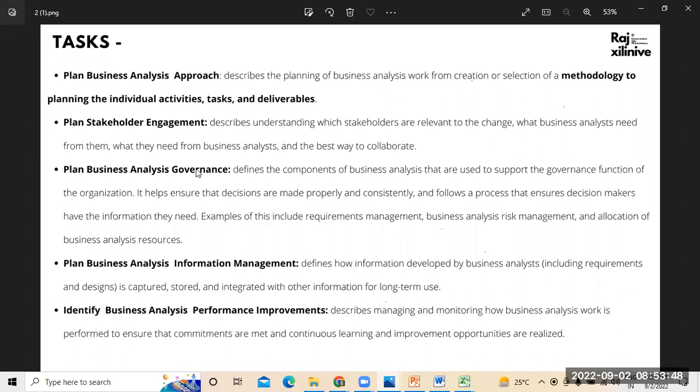Next, information management means how you are going to manage the information, means how you are collecting the information. Before you are managing the information and all, how are you collecting it, right? How are you capturing it? Are we going directly to the customer location and gathering the information? First point. Second point, are we meeting them virtually?